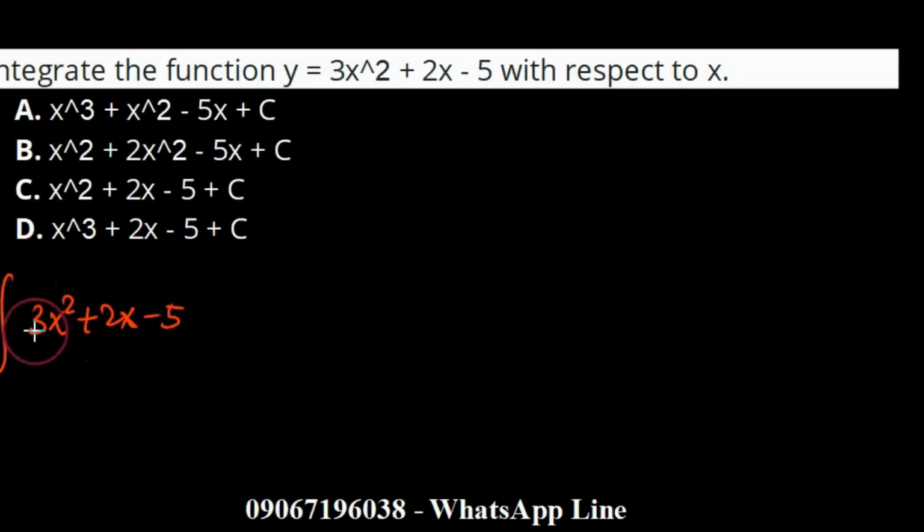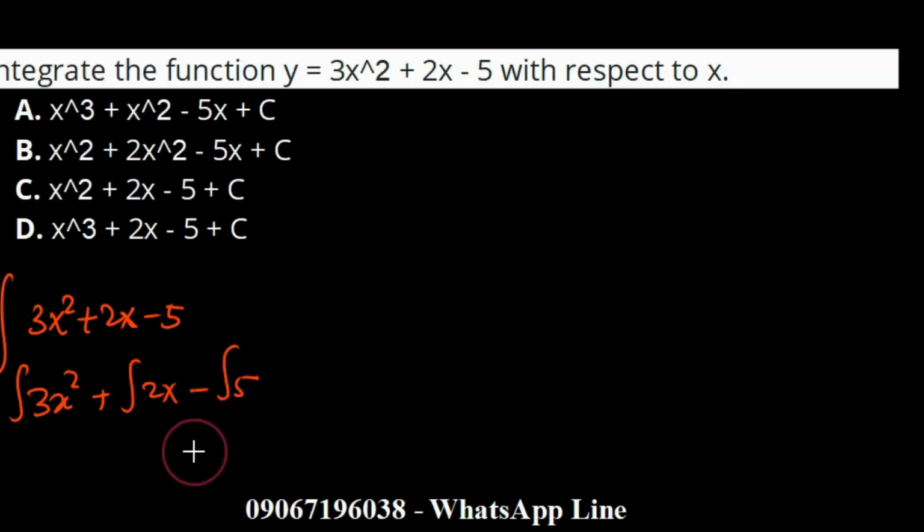Remember, this is an indefinite integral, because we're going to have constants. So we can break this down into individual integrals: the integral of 3x squared plus the integral of 2x minus the integral of 5.